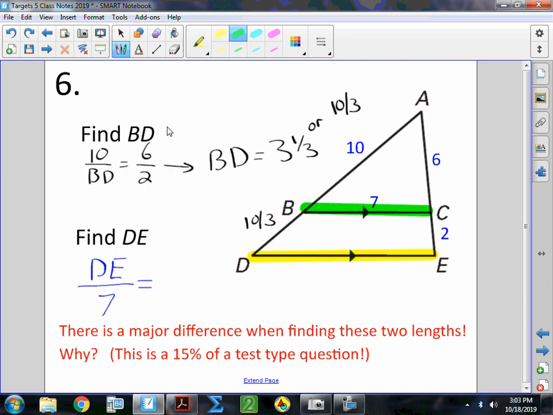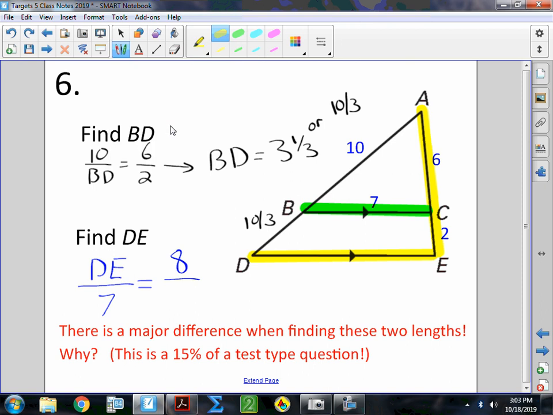What I really need here is, DE was the bottom of the big triangle. Let's use the right side of the big triangle. That's 8. 6 plus 2 is 8. So DE was the bottom of the big triangle, and 8 was the right-hand side of the big triangle. 7 was the bottom of the small triangle on top.